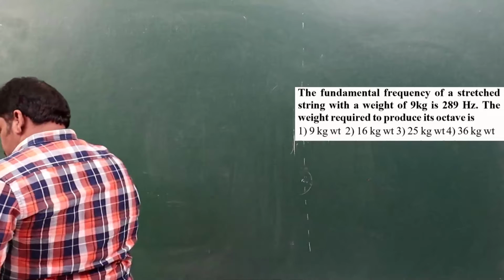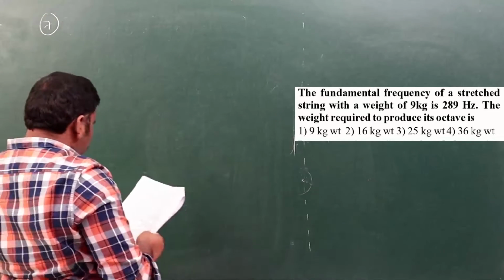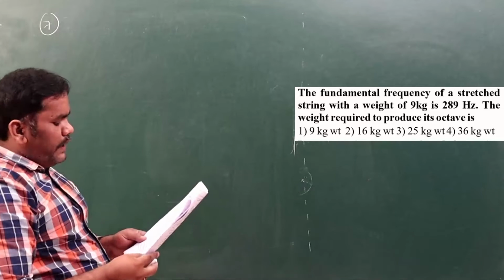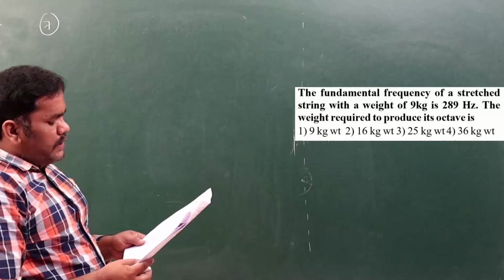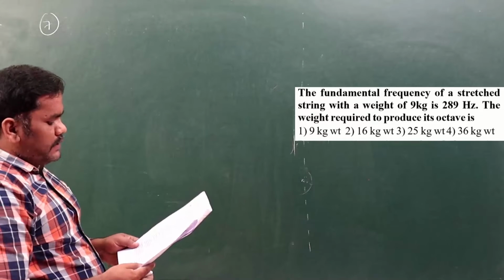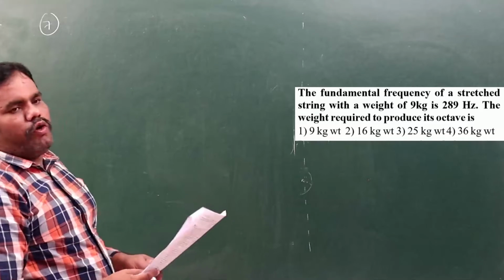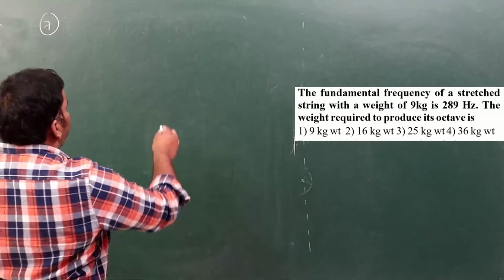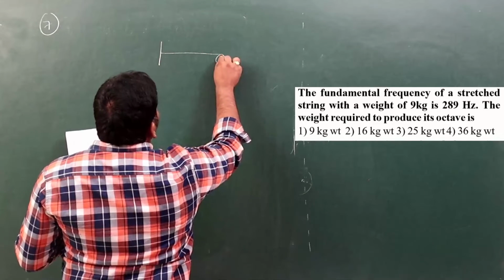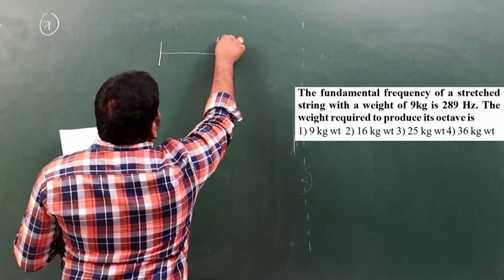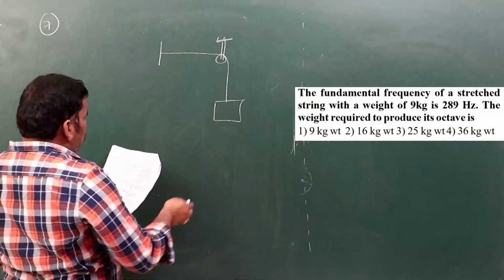Next question number 7. The fundamental frequency of a stretched string with a weight of 9 kg is 289 hertz. The weight required to produce its octave. Octave means double the frequency. Here 9 kg is attached.